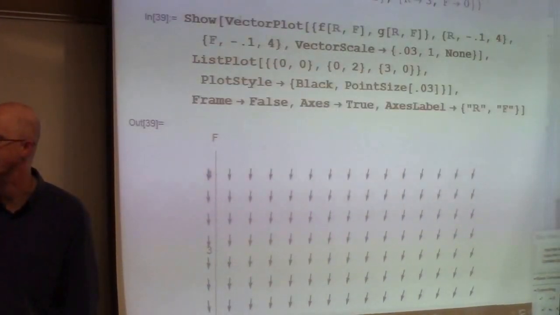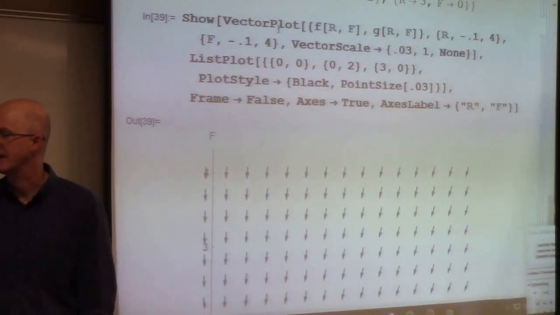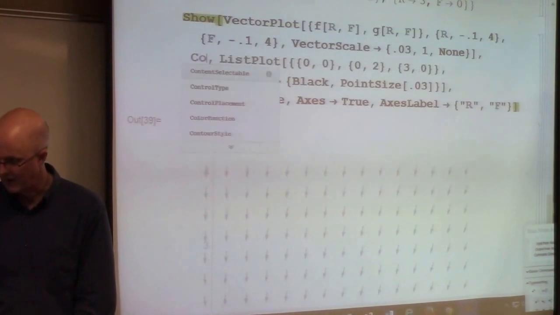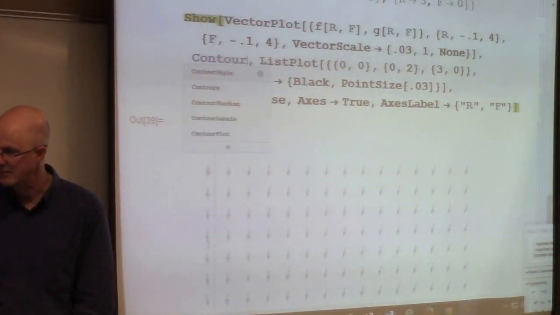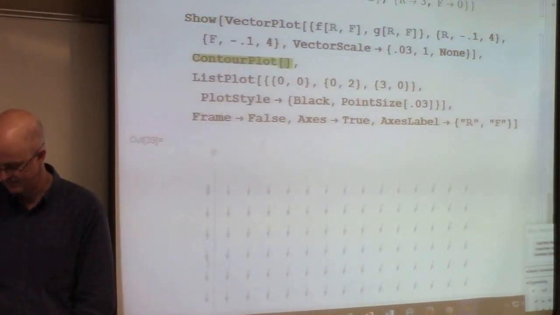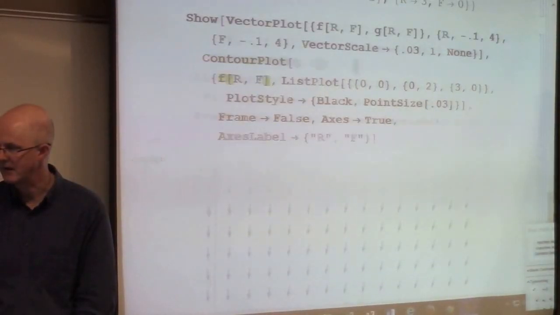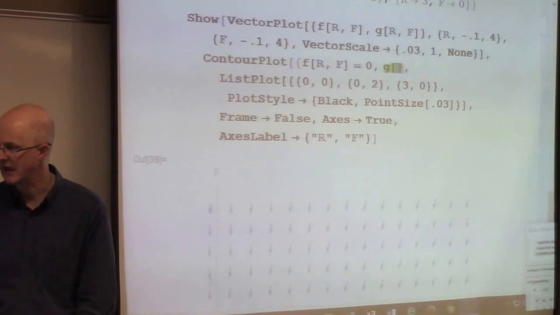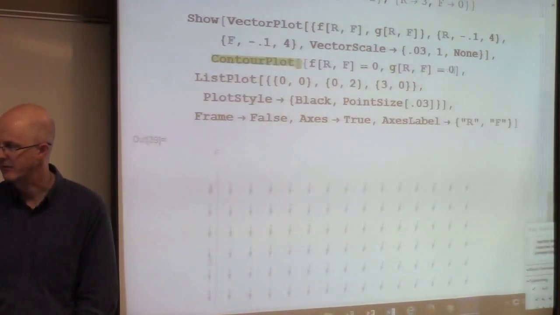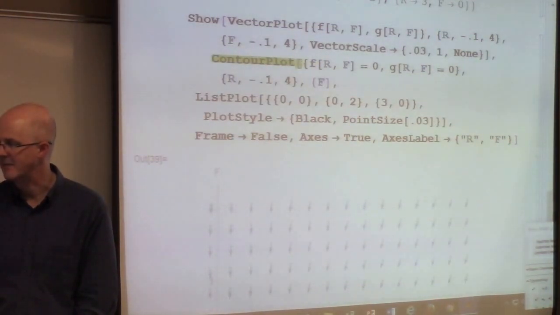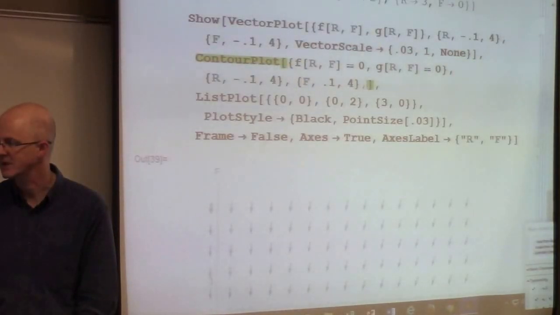Let's add the nullclines to the picture now. I want that on top of the vector plot, so let's see, you can go right here. Contour plot. Can plot these nullclines in here. F of capital R comma capital F equals 0, and G of capital R capital F equals 0. Let's make these colored in a certain way so we can tell which one is which.